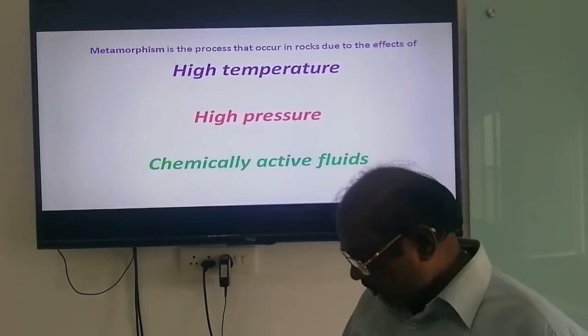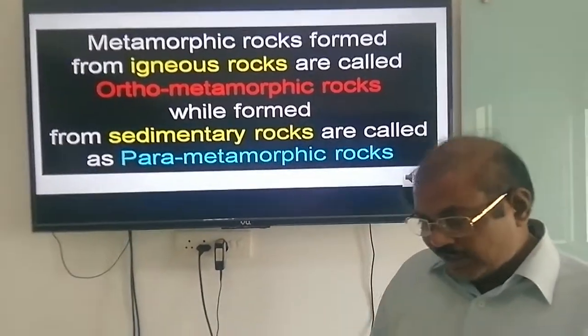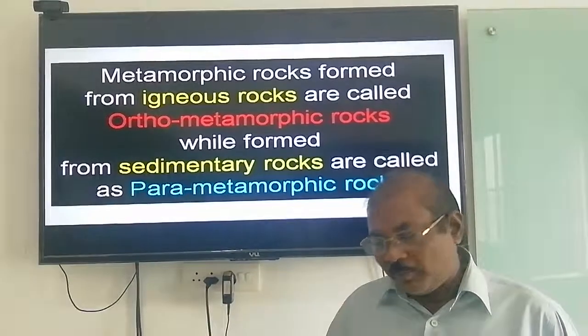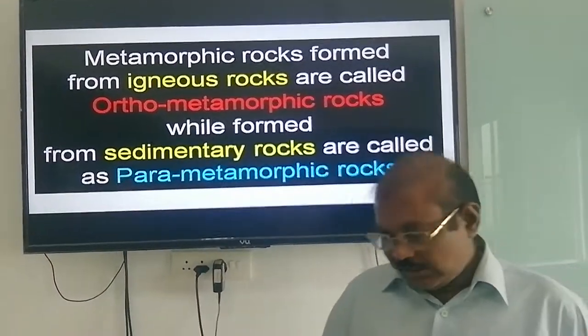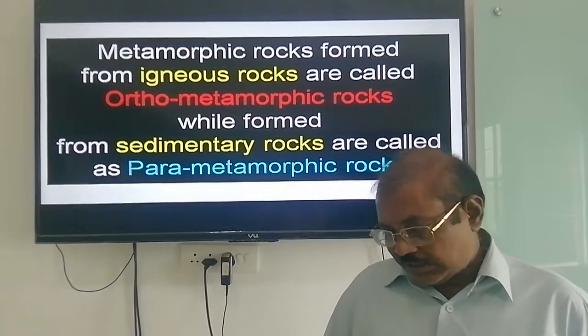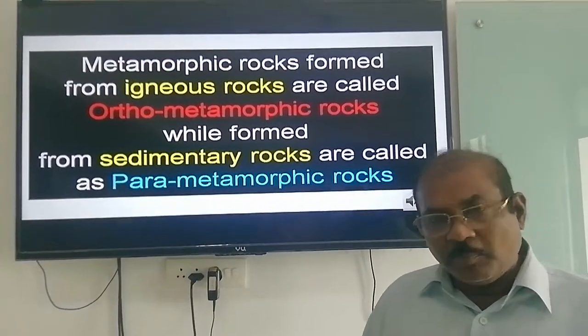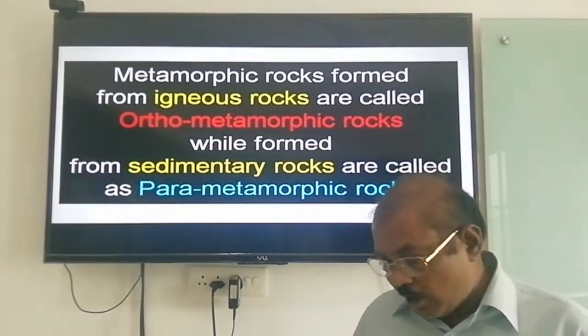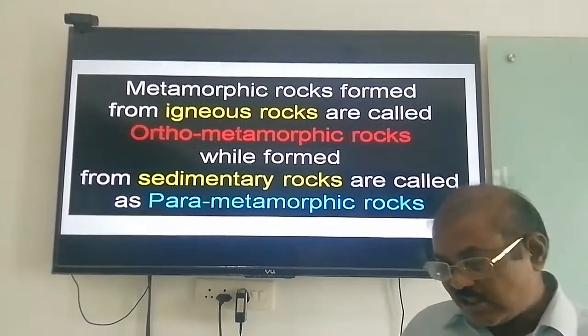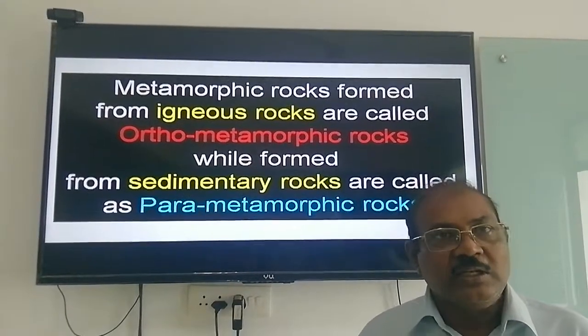chemically active fluids. If metamorphic rocks are formed from igneous rocks, then they are called orthometamorphic rocks. Otherwise, the metamorphic rocks which are formed from sedimentary rocks are called parametamorphic rocks.